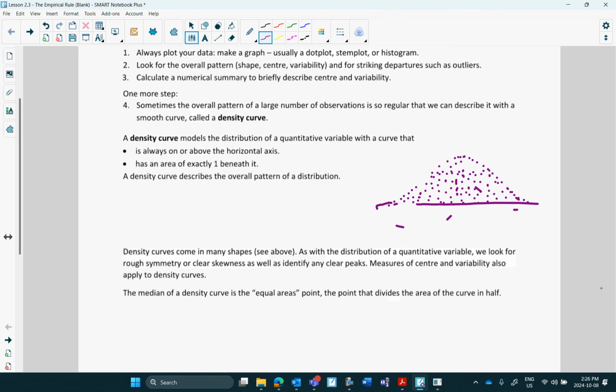These are density curves because all the data values are above the horizontal axis, and they have an area of 1.